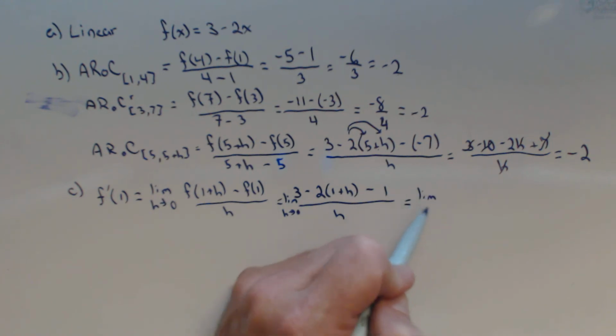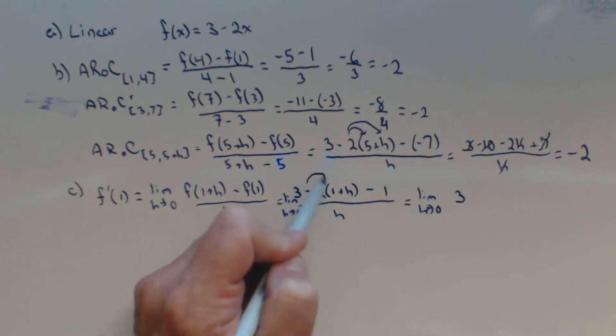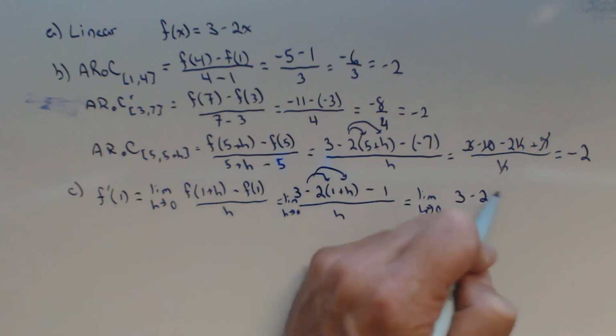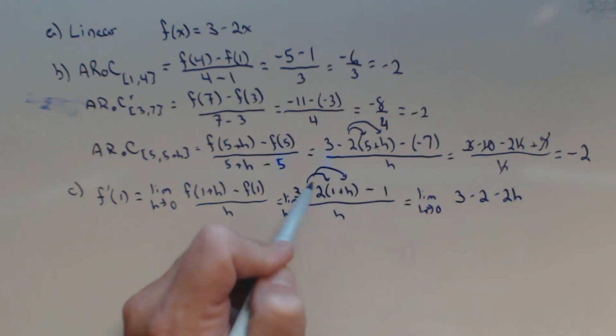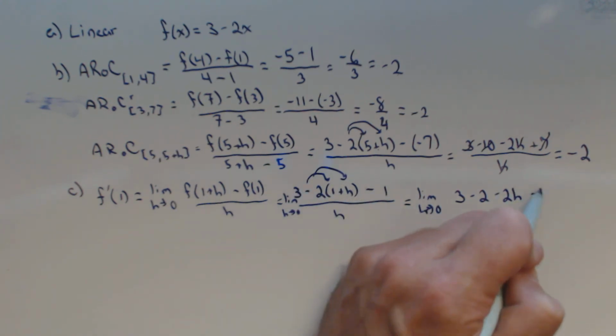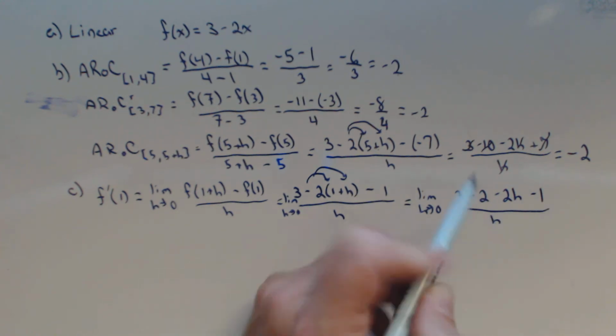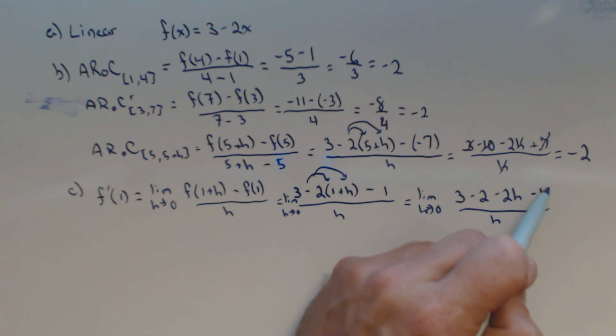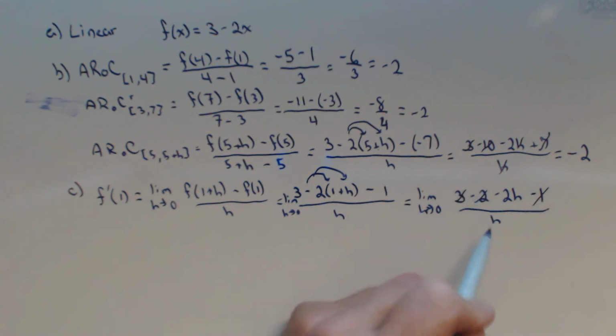So we're going to be taking the limit as h goes to 0 of 3, now let's distribute, minus 2 minus 2h, and then we have a minus 1 all over h. So 3 minus 2 is 1, minus 1, so once again all those cancel, which allows us to cancel the h.